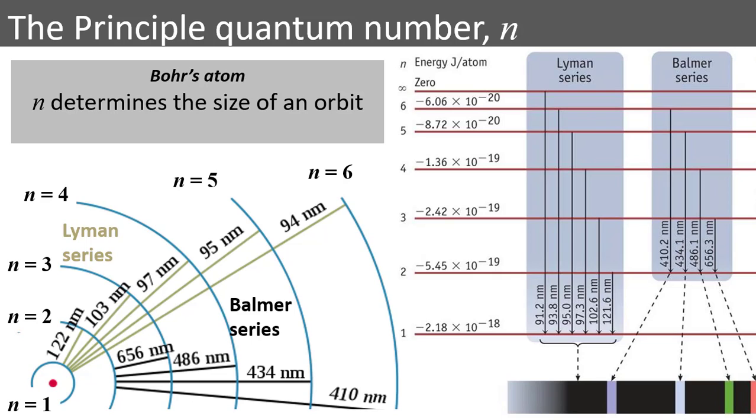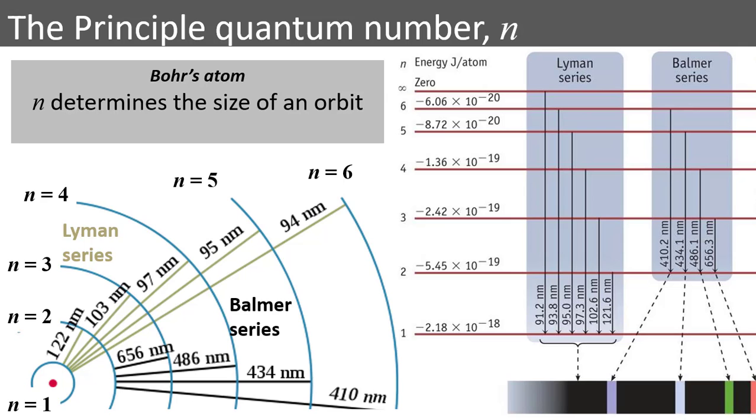and the one that has the lowest potential energy. The larger the value of n, the larger the value of the atomic radius, according to Niels Bohr. In our case, n also determines the size of the orbital. The orbital with n equals 1 is the smallest, and as n gets bigger, the orbitals get bigger.